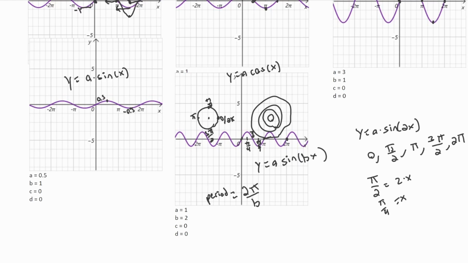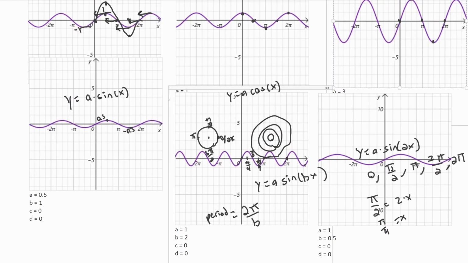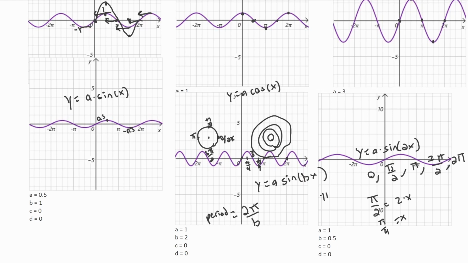Now, if we were to have a value that's smaller than 1, so let's say 0.5, to find our key features we're going to say pi over 2 equals 1/2 x. So we multiply both sides by 2 and we get x equals pi.